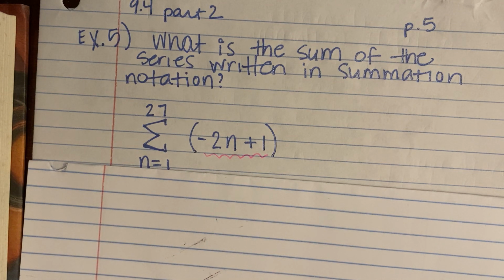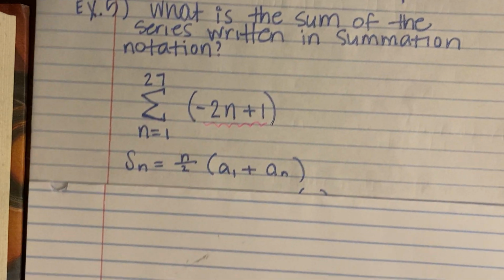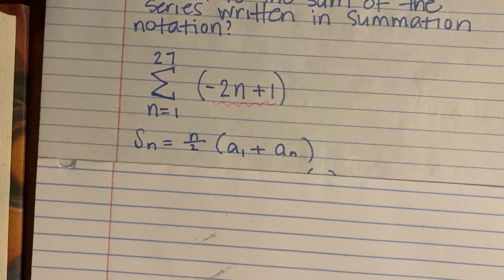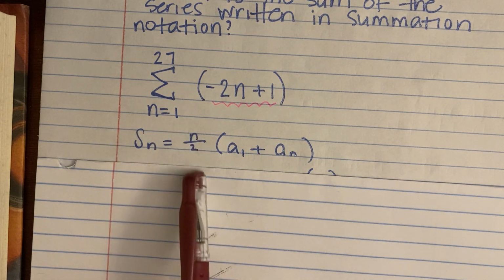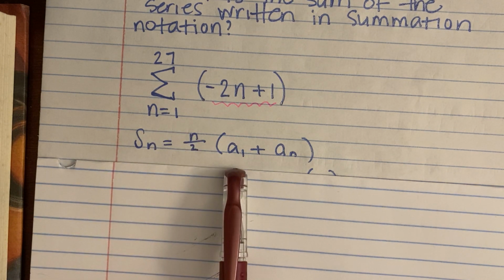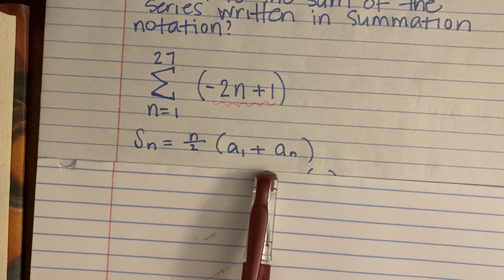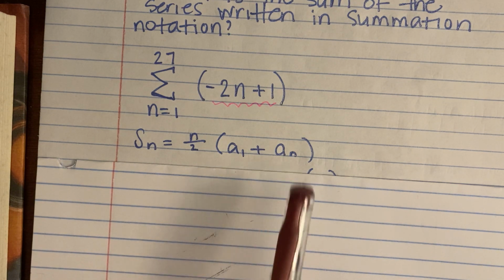In order for us to find the sum, I'm going to use our formula from Monday. The sum of our terms would be equal to the number of terms divided by 2, and then in parentheses we'll have the value of the first term plus the value of the last term in our series.